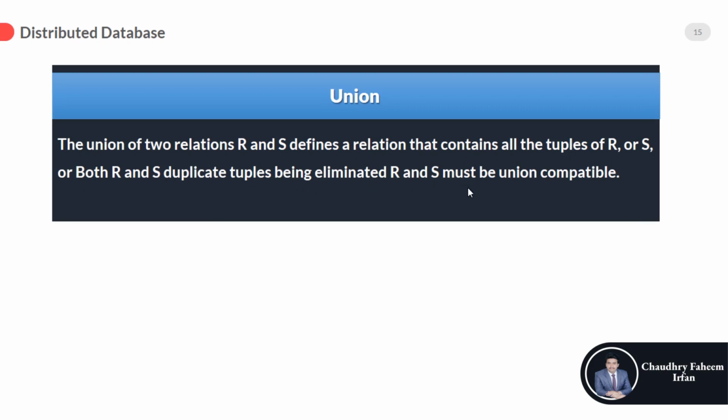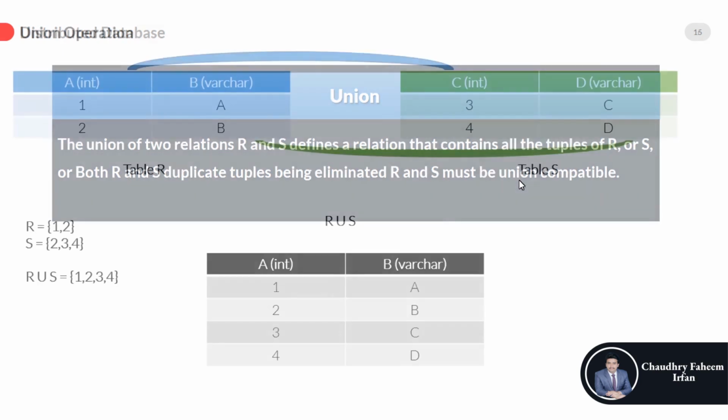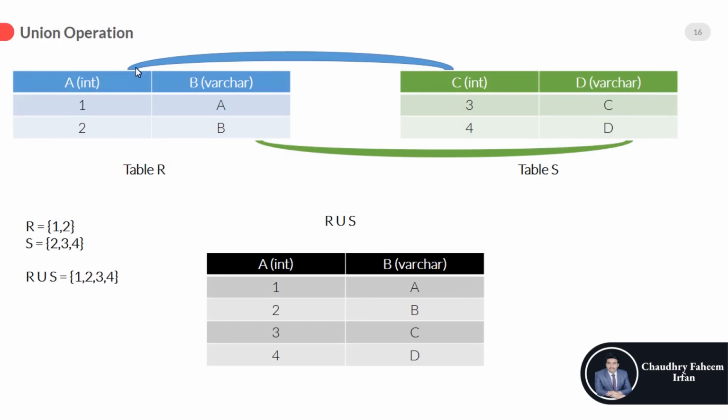R and S must be union compatible. So in union we take all the elements of both relations, but repeating elements will be selected only once. Here is an example of the union operation.